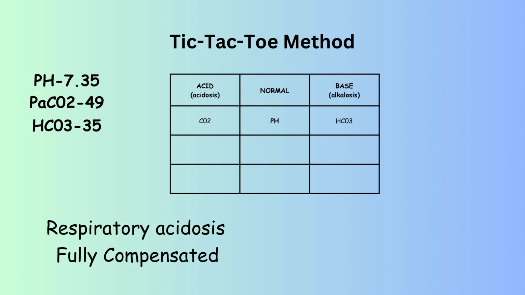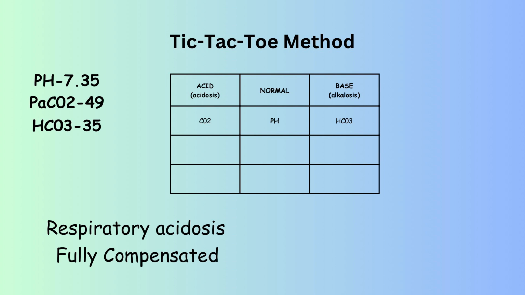Let's look at this last example together. We have a pH of 7.35, which makes it within the normal range, but it leans more on the acidosis side. Then we have the PaCO2 of 49, which makes it acidosis.